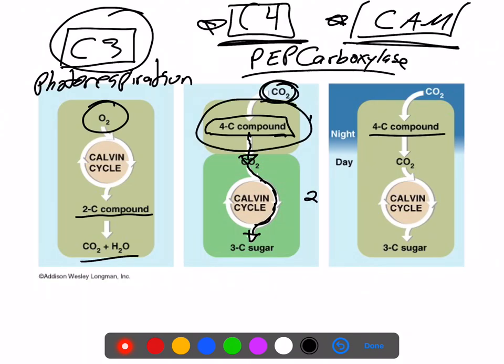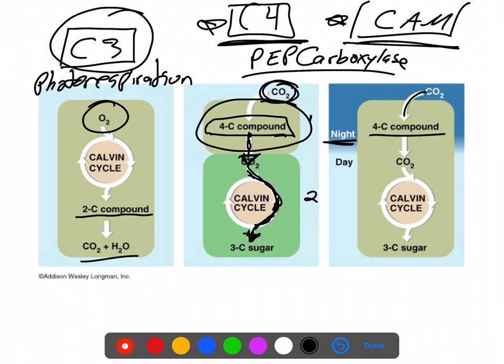And that reduces the potential of photorespiration. So trap it in one cell using something like PEP carboxylase, and then move the 4-carbon molecule across from one cell to another and drop off the CO2 literally in the mouth of rubisco so that rubisco never ever sees oxygen, it only sees CO2. But still, these plants, C4s and CAMs, they still rely on rubisco.